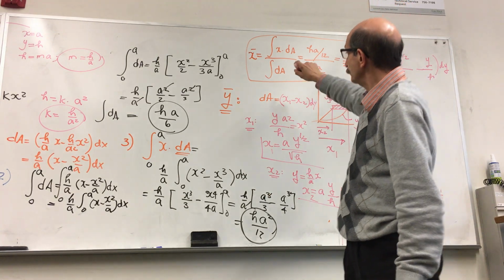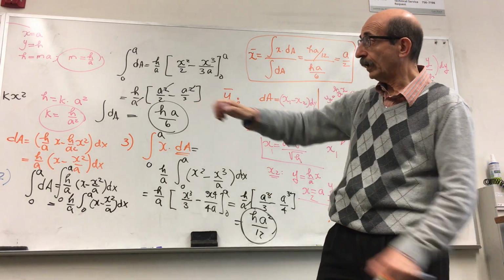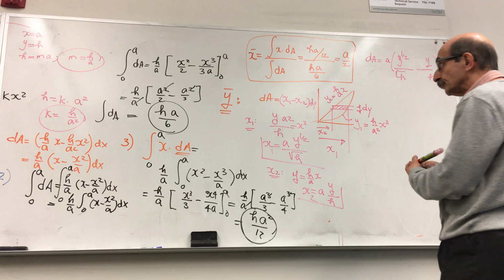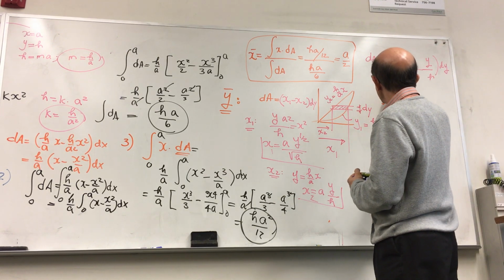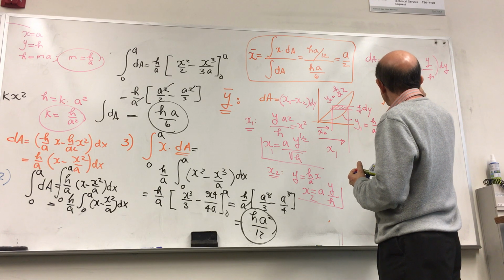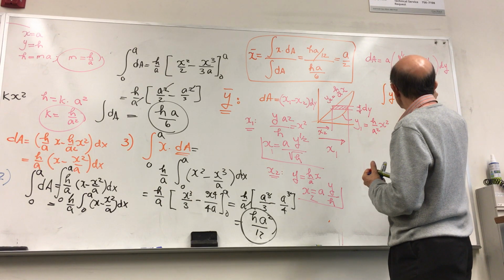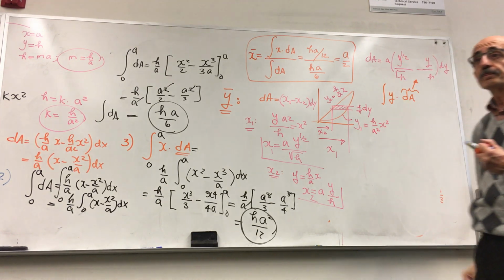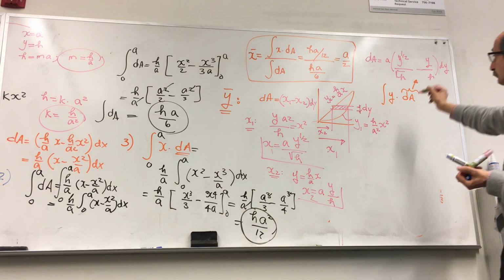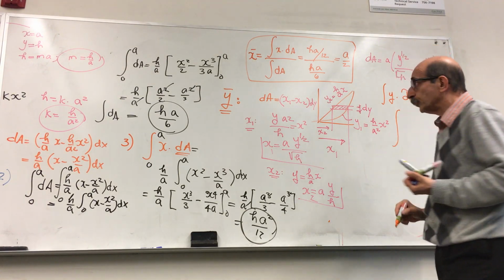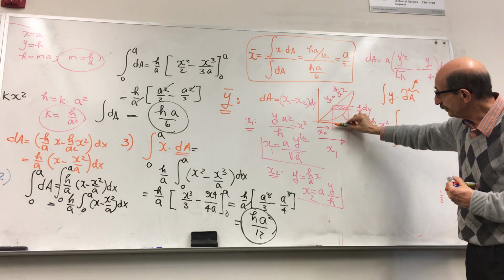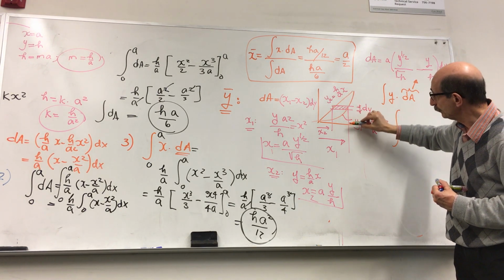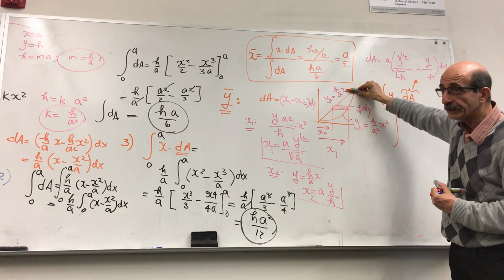For evaluating this integral, which is the integral of y dA, all I need is to evaluate y dA, dA being this. So let's do that. dA now varies from here all the way to here, that is from 0 all the way to h.